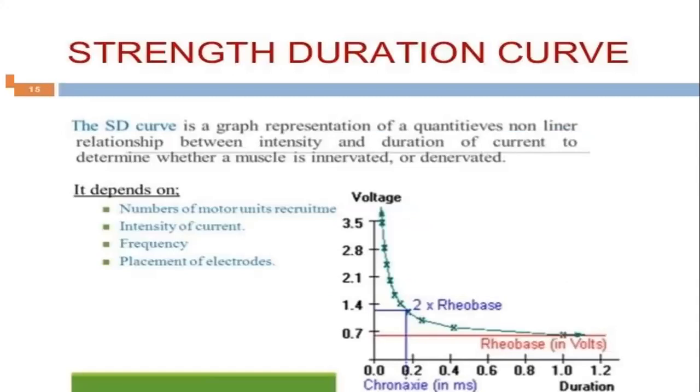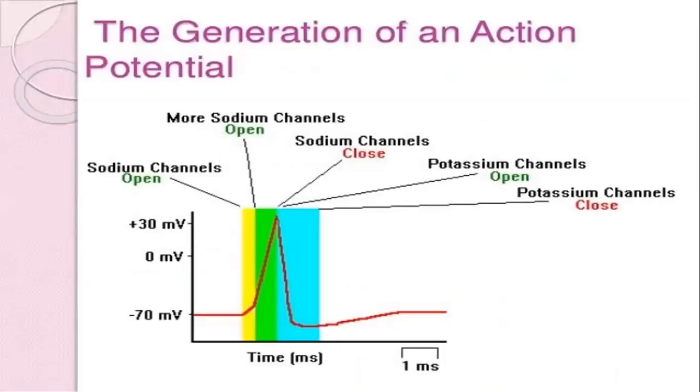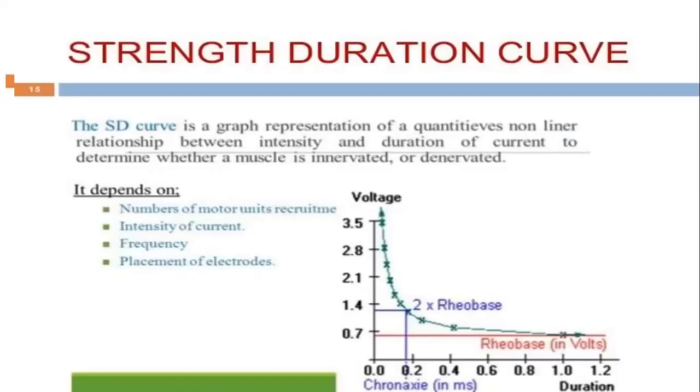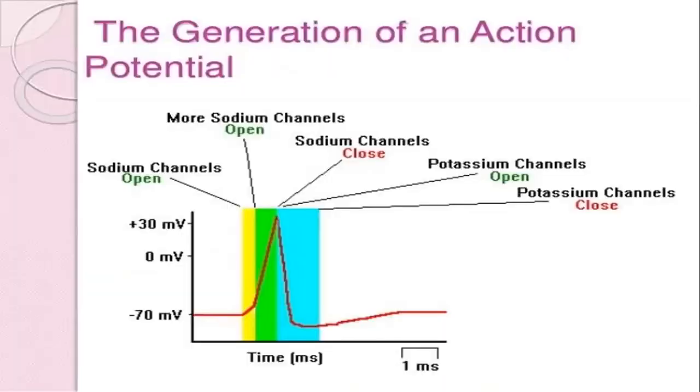Again, you can see here, this is the rheobasic current. The time taken is the utilization time, and chronaxie is the time taken by twice the rheobasic current for the tissue to respond. So utilization time, chronaxie, and rheobase.